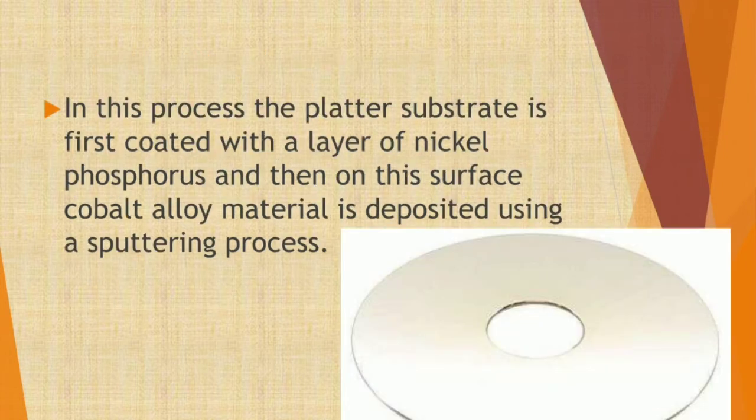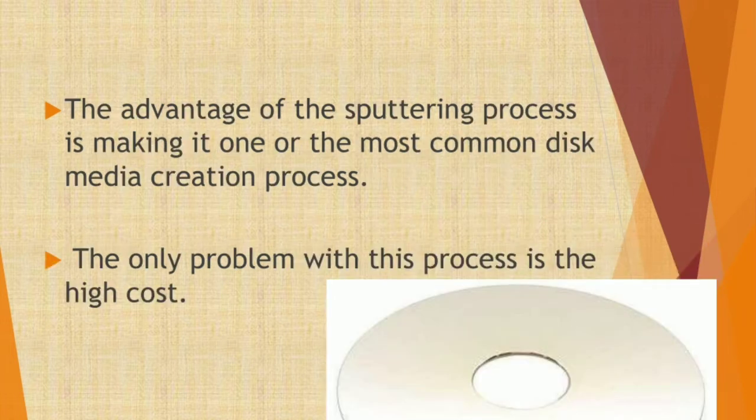In this process, the platter substrate is first coated with a layer of nickel phosphorus and then on this surface cobalt alloy material is deposited using a sputtering process. The advantage of the sputtering process is that it is one of the most common disk media creation processes. The only problem with this process is the high cost.